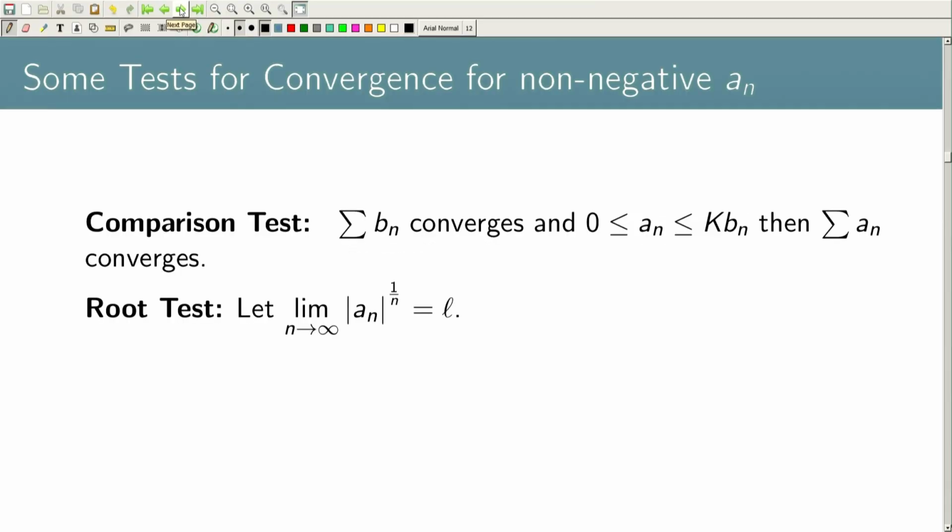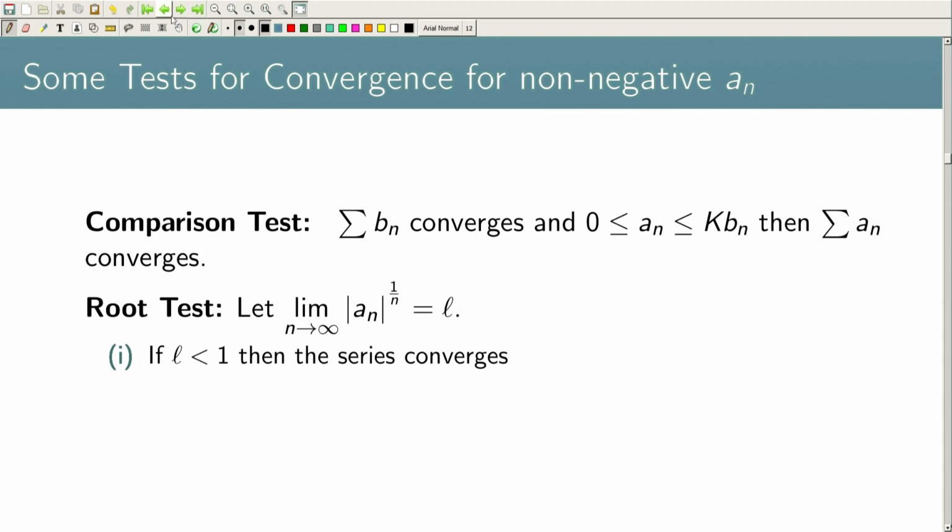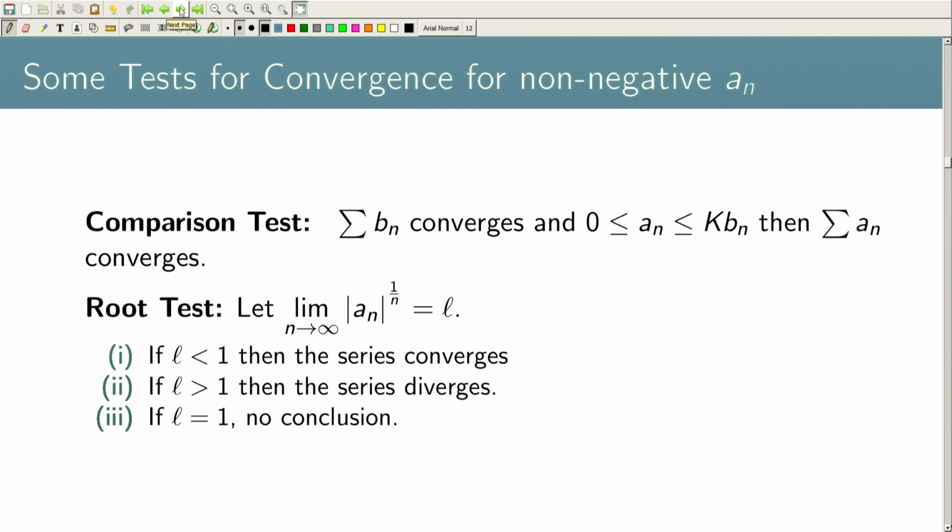Then, as an application of the comparison test, there is an easier way to deal with this, which is the root test: if the modulus of a_n to the power 1 over n has limit L, then if L is less than 1, the series converges, if L is greater than 1, the series diverges, and if L is equal to 1, we can't conclude anything.